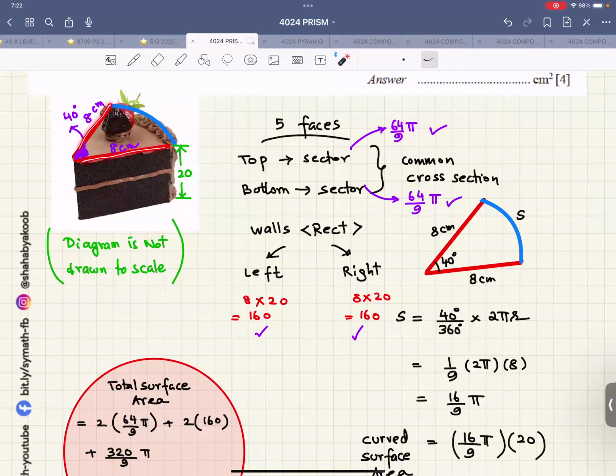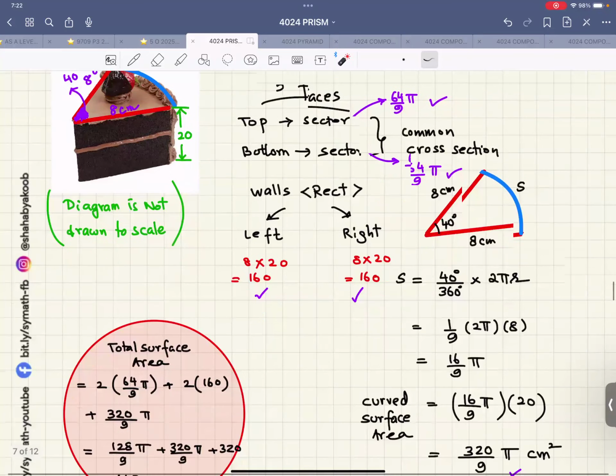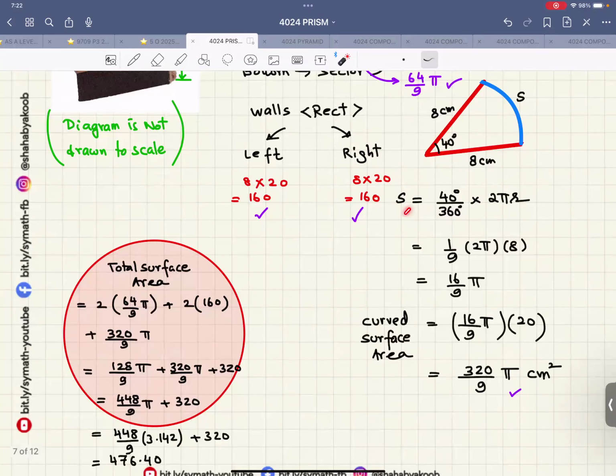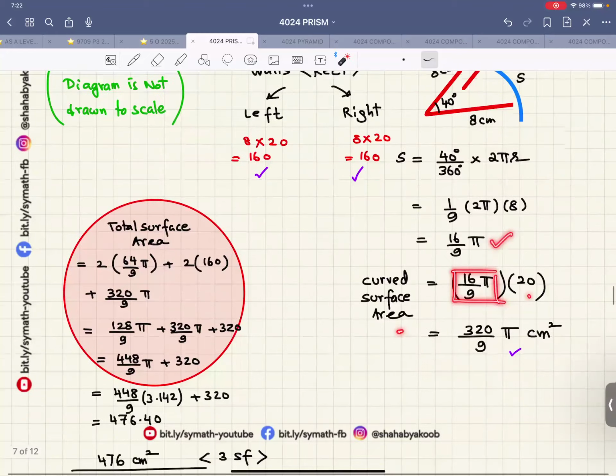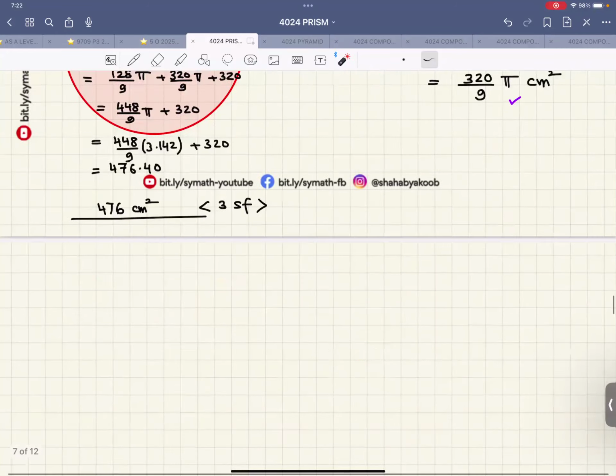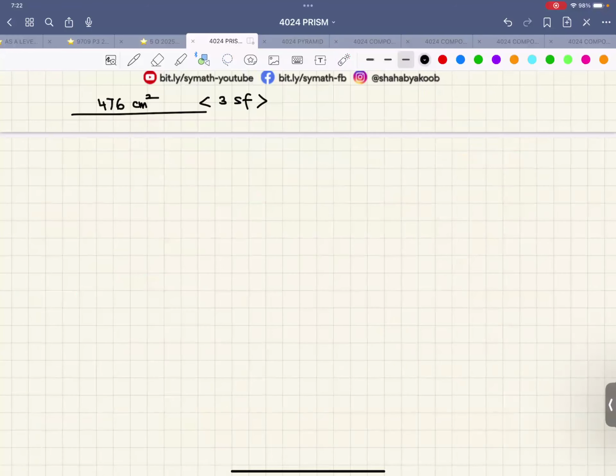I have given you the same idea over here in the shape of a cake. So arc length is 40 over 360 into 2 pi r. That is this much. Curved surface area is this thing into 20. Let me write an alternative way over here.